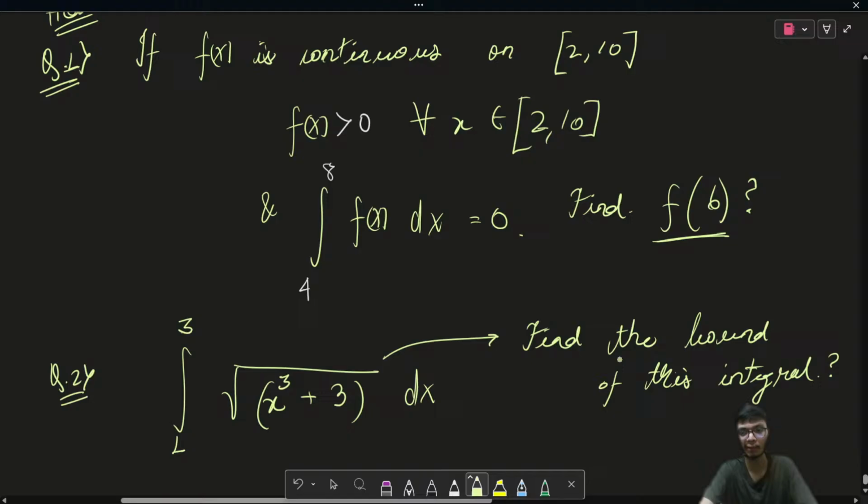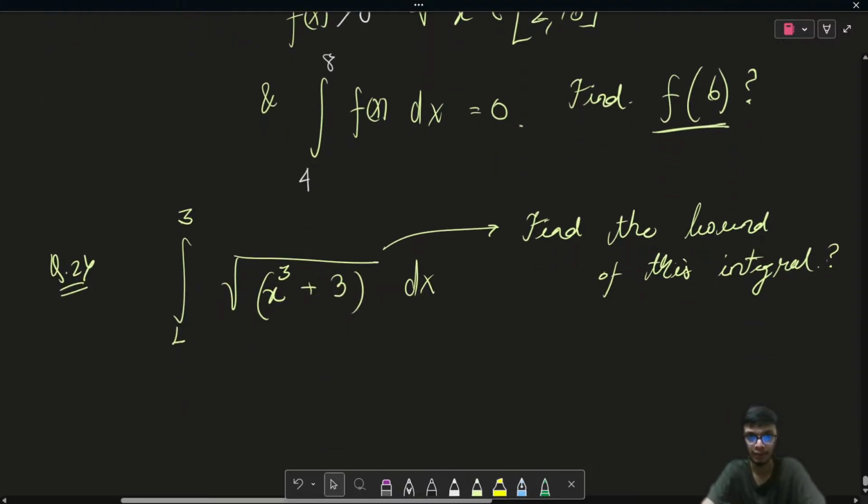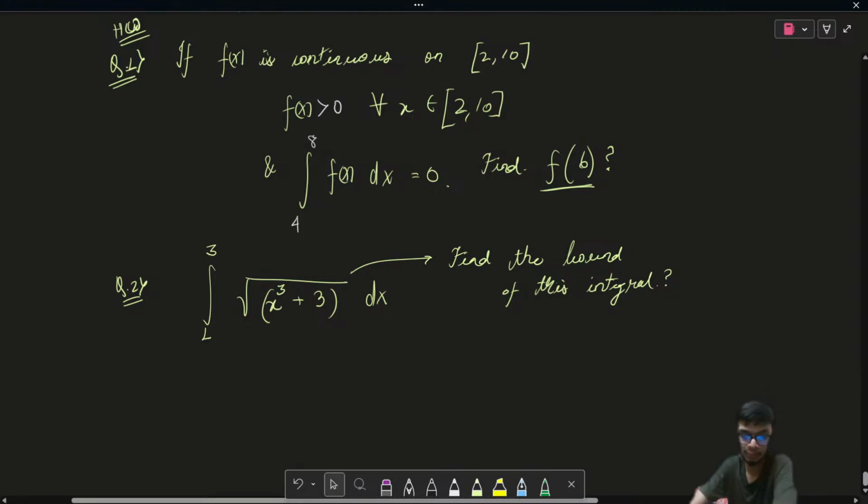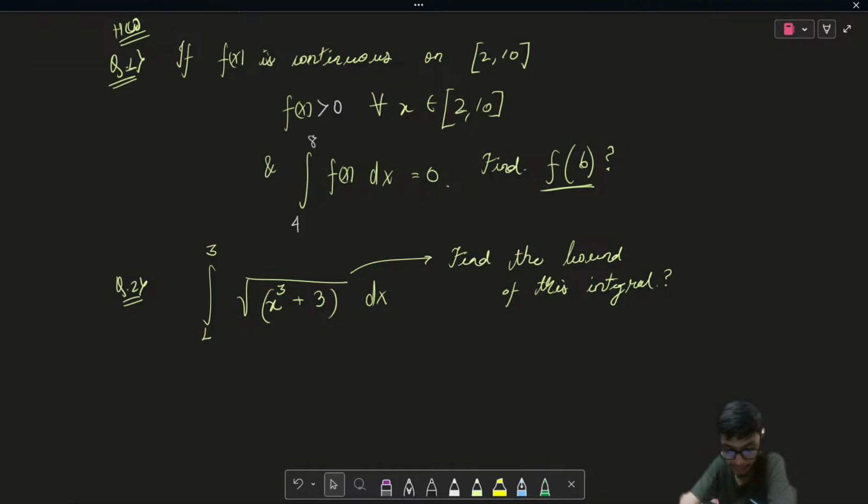Please try to find the upper bound and the lower bound of this integral problem. I hope these two questions are clear. If you have any questions, please ask me, or else you can try to understand and let me know what the solution will be. Please try to solve these two questions.